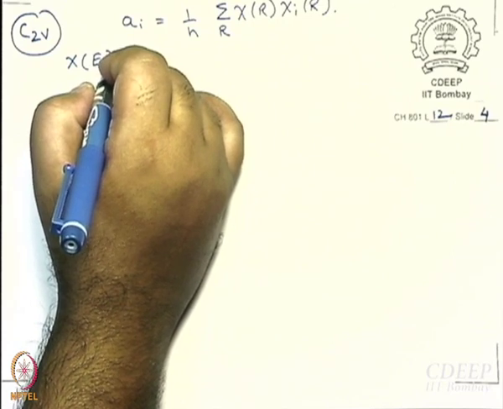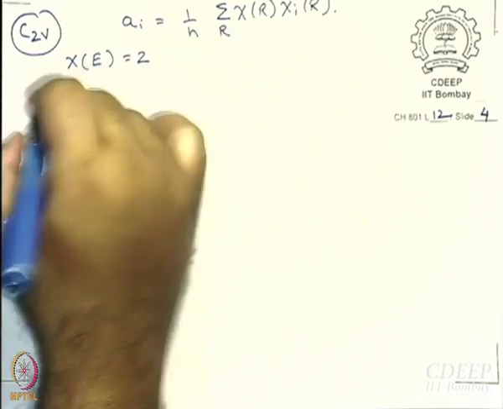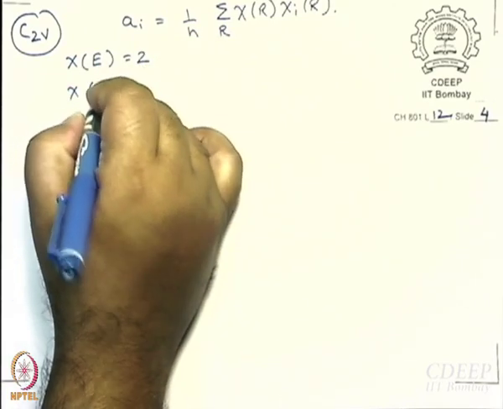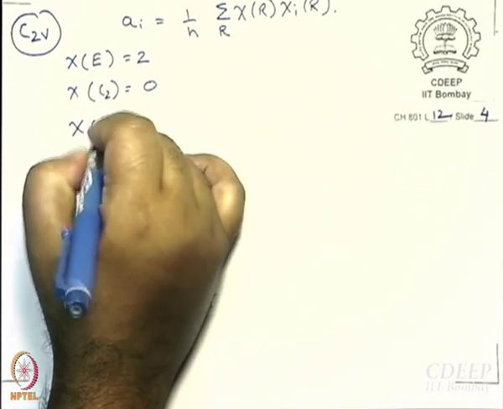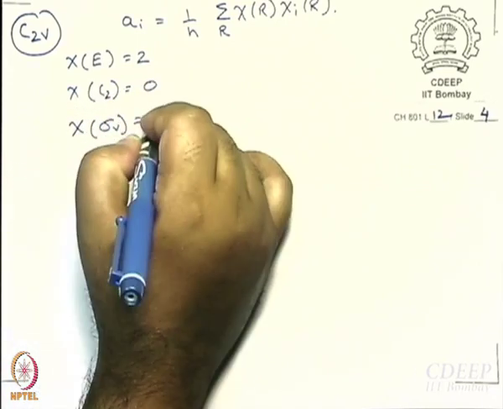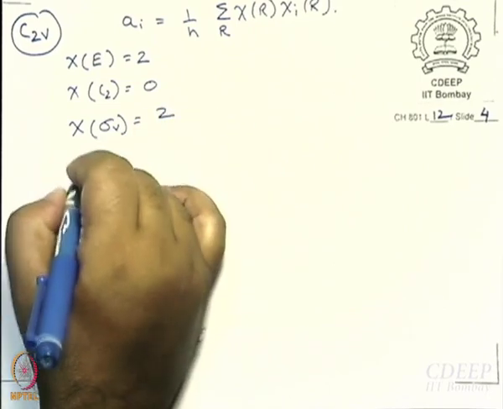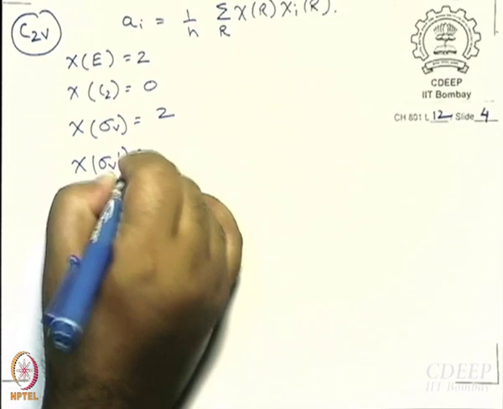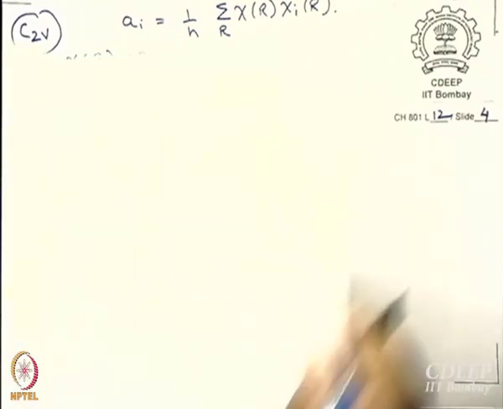What was chi of E? 2. What was chi of C2? 0. Chi of sigma v? 2. Chi of sigma v dashed? 0. Right? Now I will show you the character table.